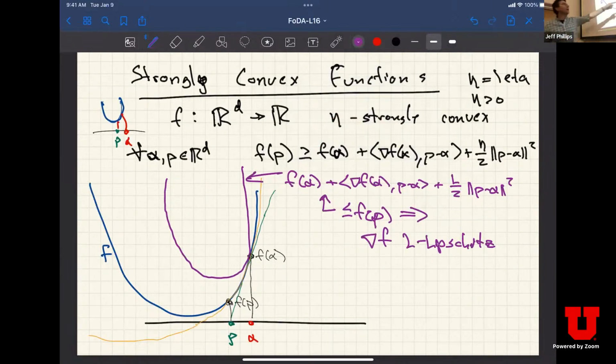That means the gradient does not change too fast. For some fixed L, I can always fit a parabola that looks like this everywhere. I can shift it, it touches in slightly different places, but it's always above. That means the gradient is L Lipschitz.